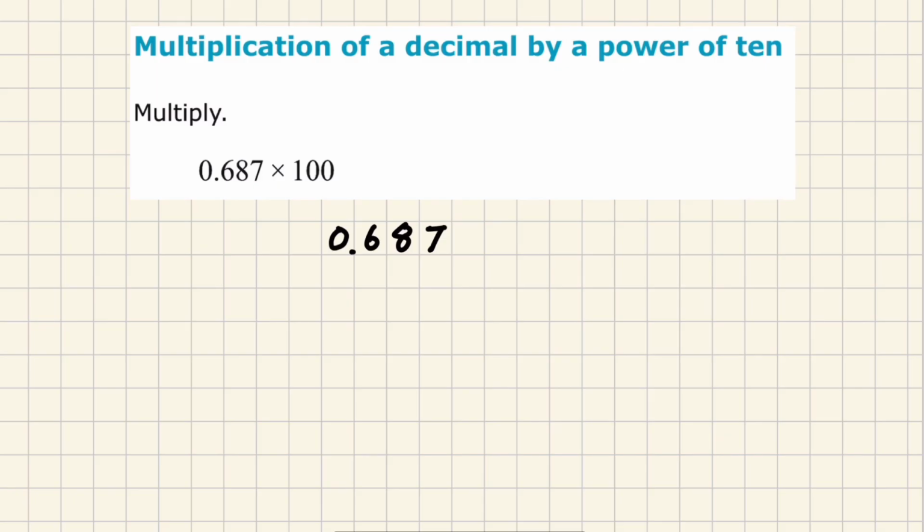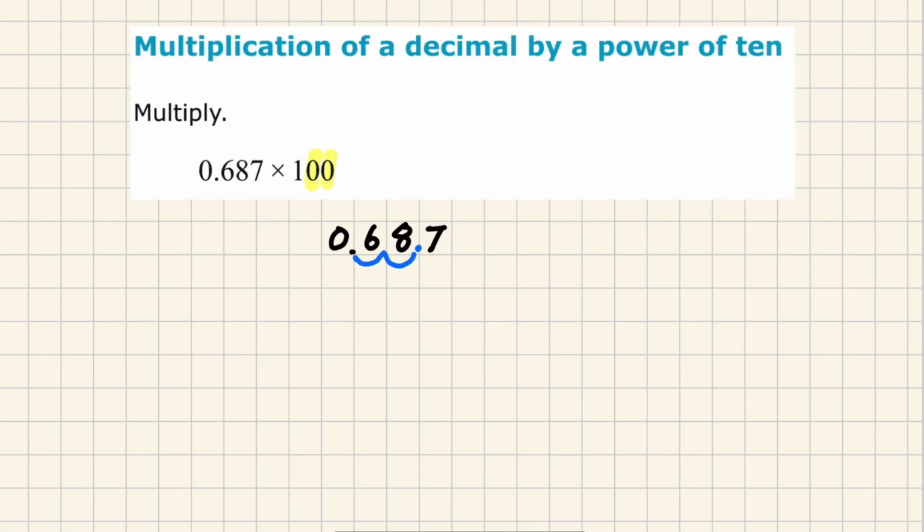Starting with the number that's being multiplied by a power of 10, we can look at that power of 10 and count the number of zeros, 100 having 2 zeros, and we can move the decimal that many places. Since we are multiplying by 100, that would of course make our number bigger, which indicates to me that those 2 decimal places will be to the right, 1, 2.